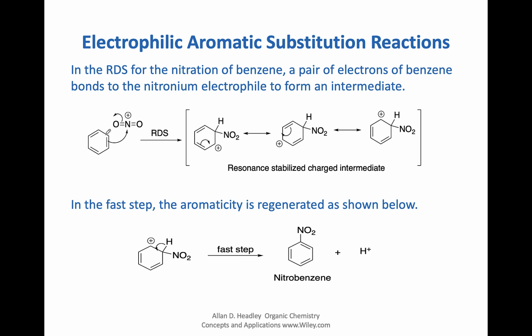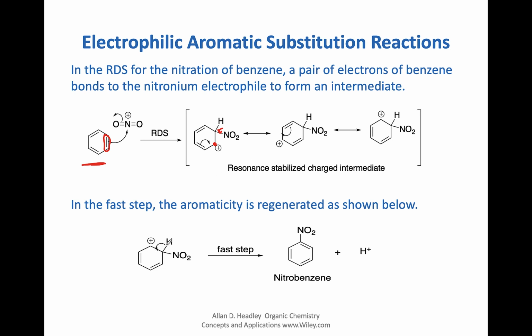So a pair of electrons, as you can imagine here, reacts with the nitrogen, which is now the electrophilic atom of the nitronium ion, in the rate determining step to form this bond right here, which means that this carbon will be positive because these electrons swing out to form this bond. As you can see here, this is not as stable as the reactant because it's not aromatic, but it is fairly stable because this charge can be delocalized throughout the ring, as we have seen here using resonance.